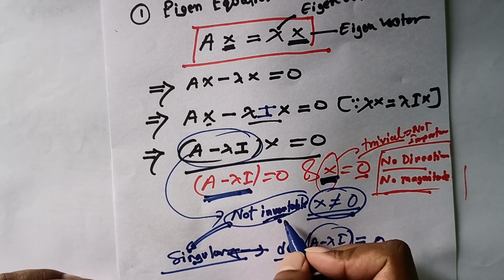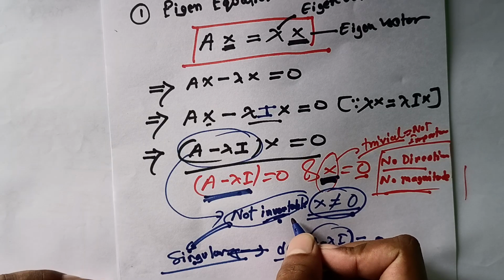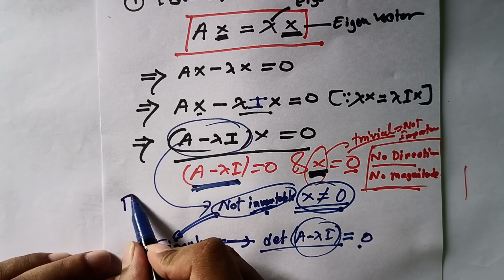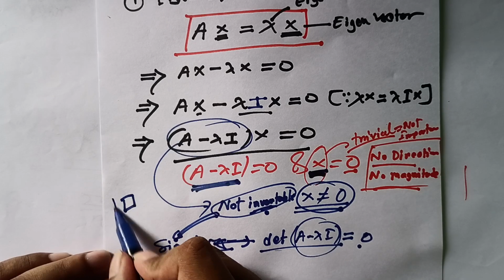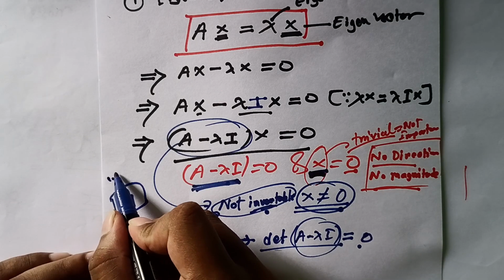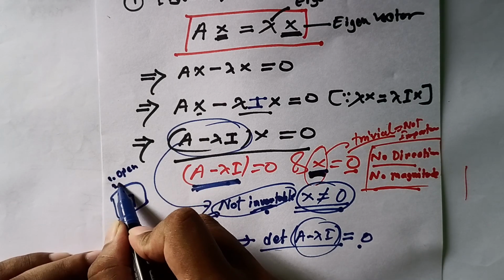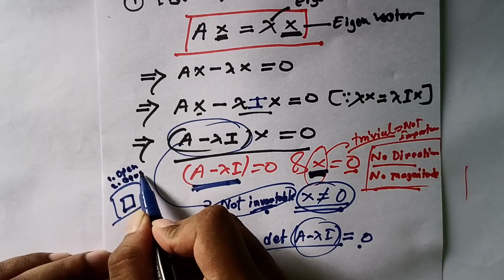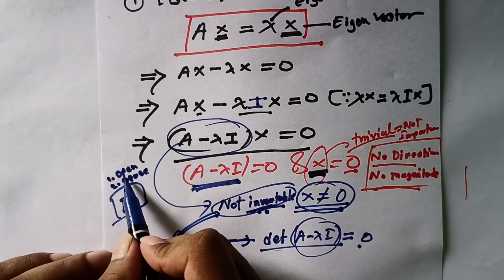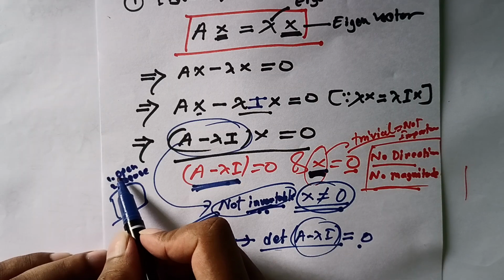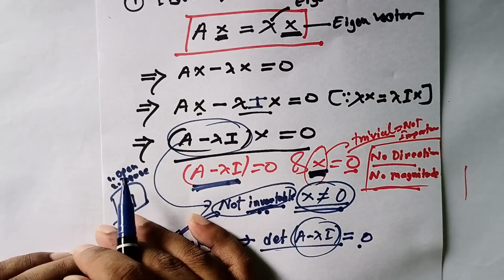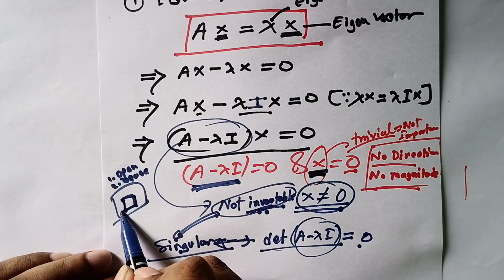Let me remind you what invertible means. In simple terms, think of your home door. One thing you can do is open it, and you can close it. Invertible means you can perform an action and you can undo that action as well, like a door.